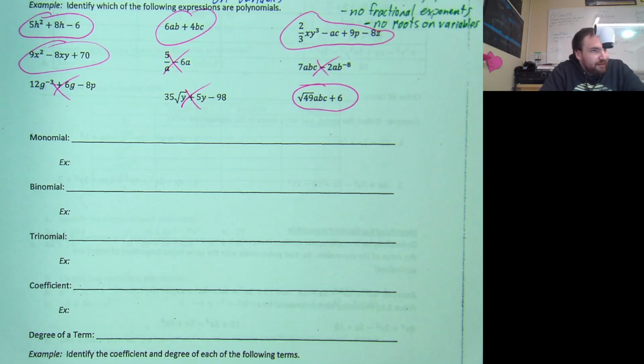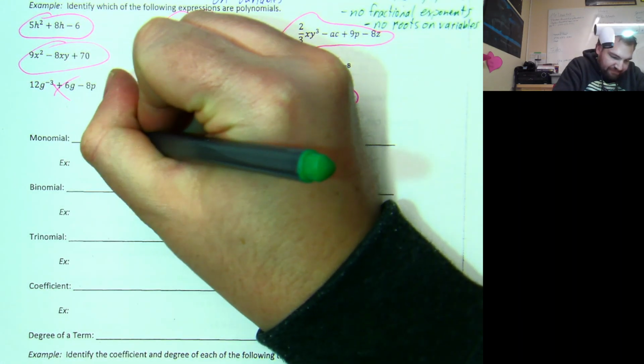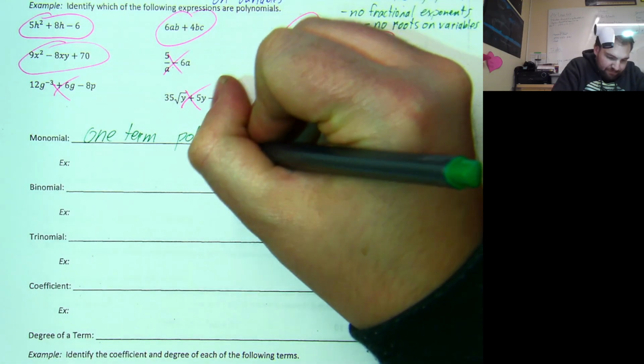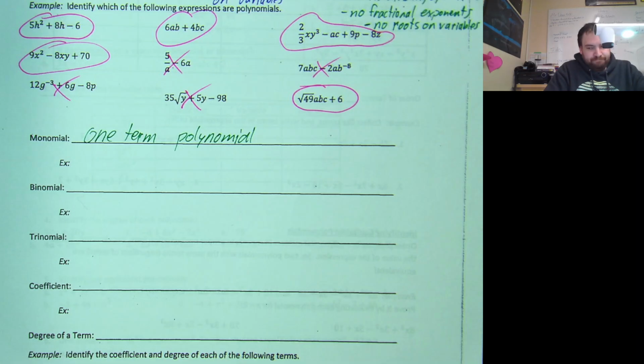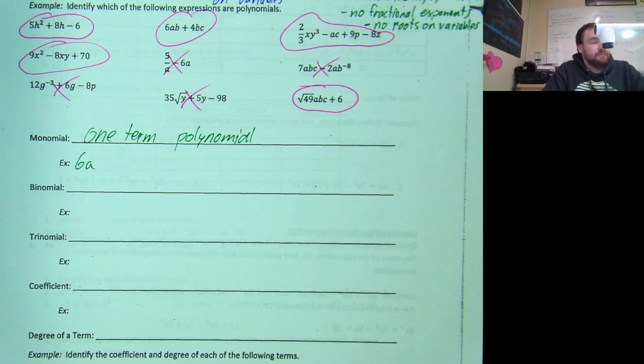So, monomial. Does anyone remember what a monomial is? Carolyn. A one term. So what's an example of a monomial? 6a. Sure. What's a binomial?